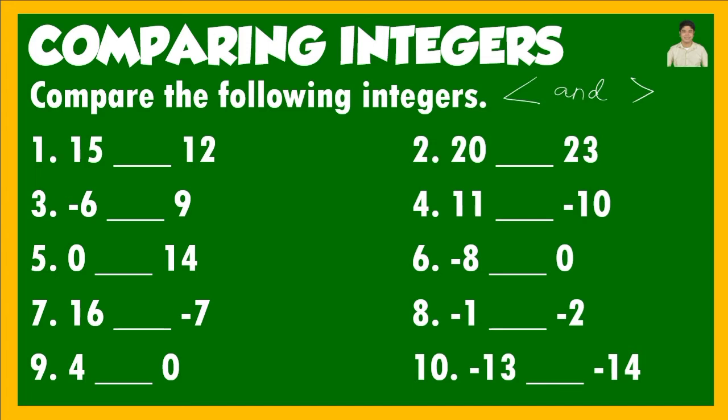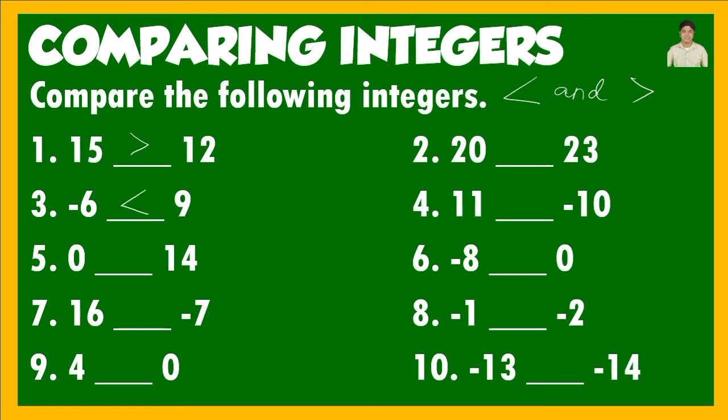Mas mataas ba ang value ng 15 sa 12? Yes. Therefore, ang gagamitin po natin is greater than. Next. Negative 6 blank 9. So, tatandaan natin na yung mga positive integers, mas mataas po kesa sa value ng mga negative integers. Therefore, our answer here is less than.